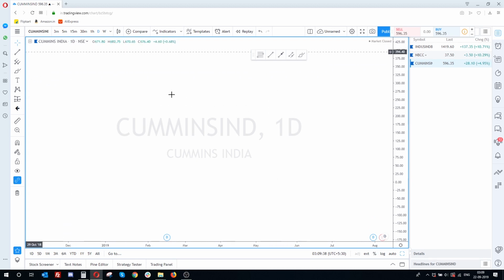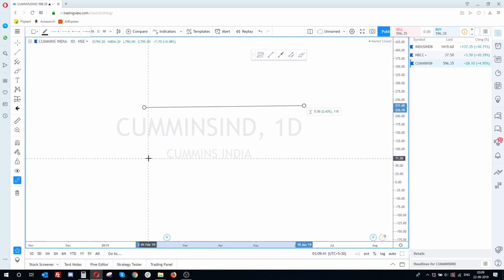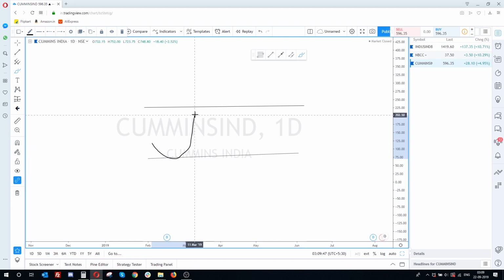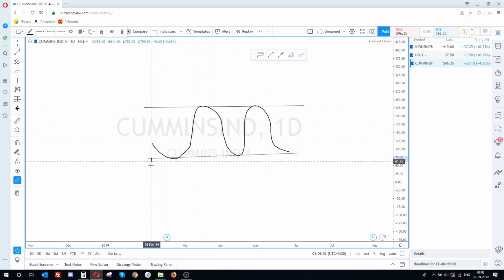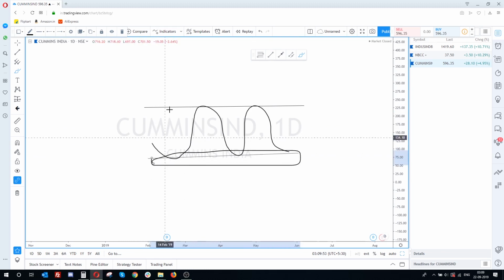So what is supply and demand? It's nothing but when the price comes to a specific point, it reverses. So this is considered a demand zone, and this is considered a supply zone, right?